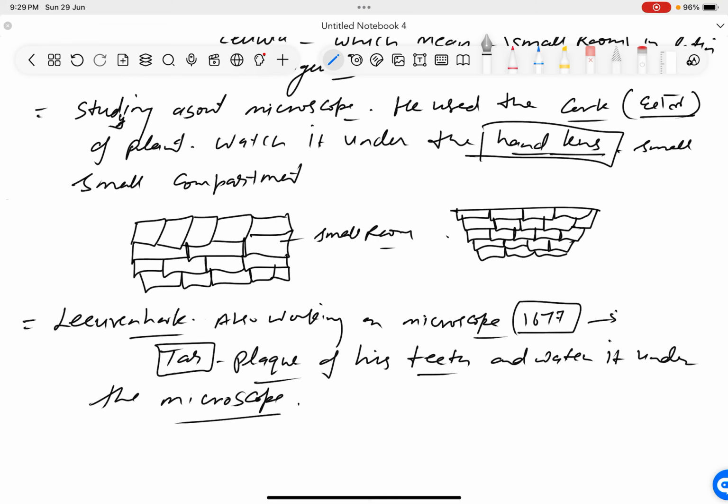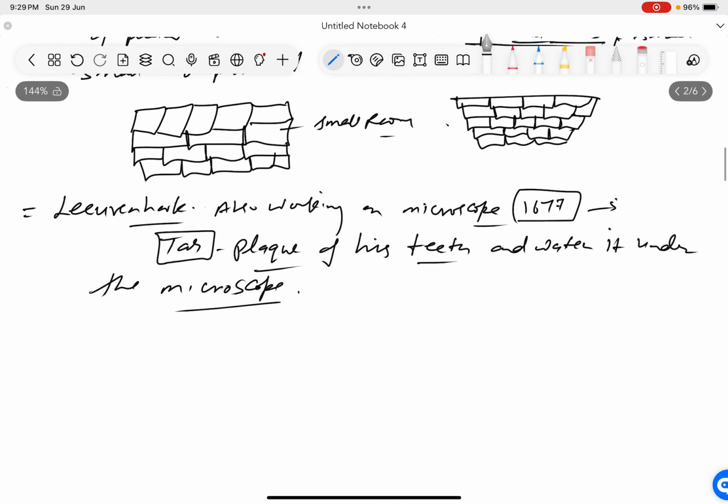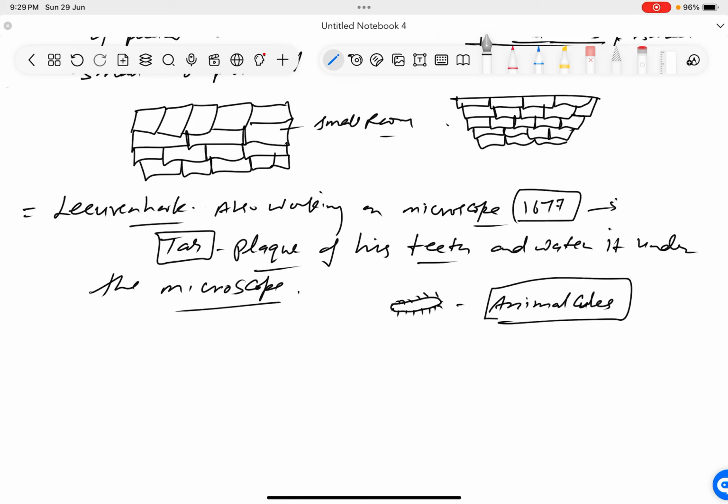When he watched it under the microscope, he found small animals, rod-like structures which have tiny flagella on their bodies, and he called them animalcules, which in Latin means tiny animals.